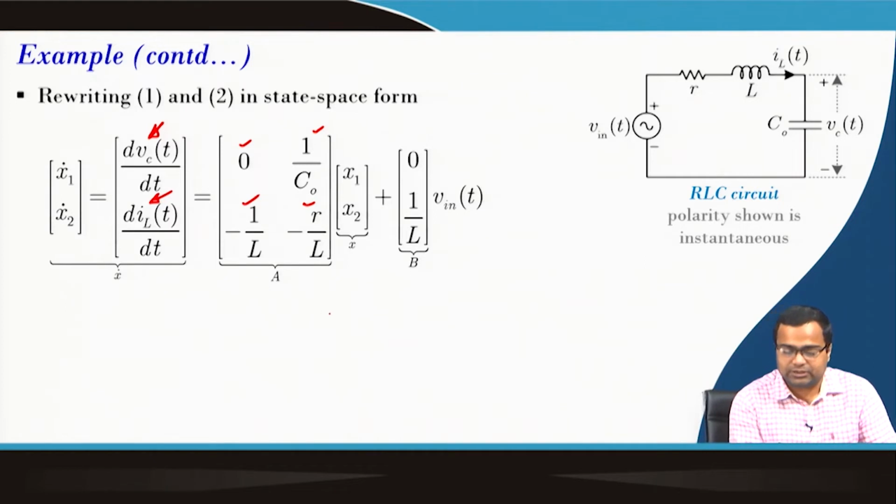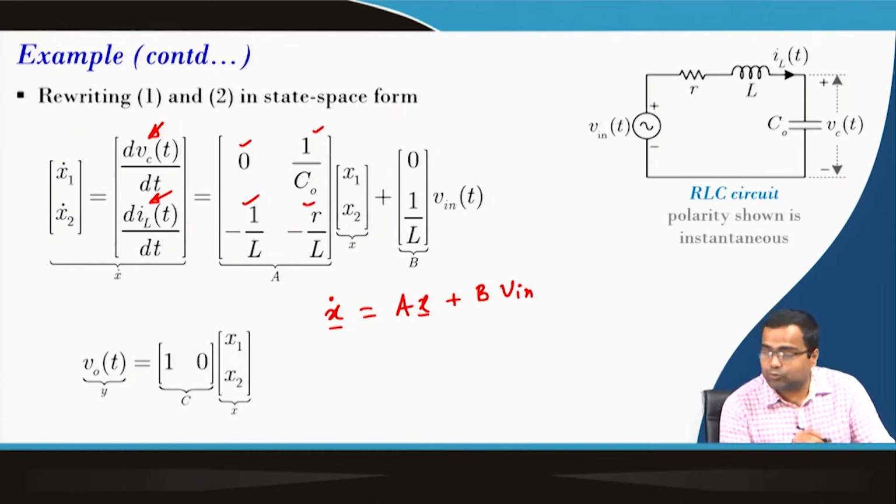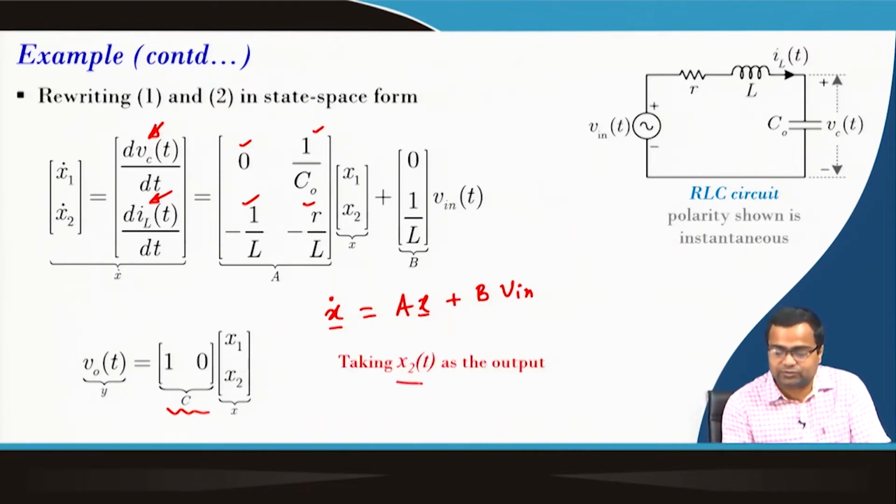So, we can write x dot equal to A into x plus B into, in this case, V in, which is a supply. That means it is the input to this particular RLC circuit. Similarly, we can write the output equation. Here we have taken the output voltage, which is the same as the capacitor voltage. So, it is simply 1 0 times the state vector, because x1 is nothing but the state variable 1, which is the capacitor voltage.